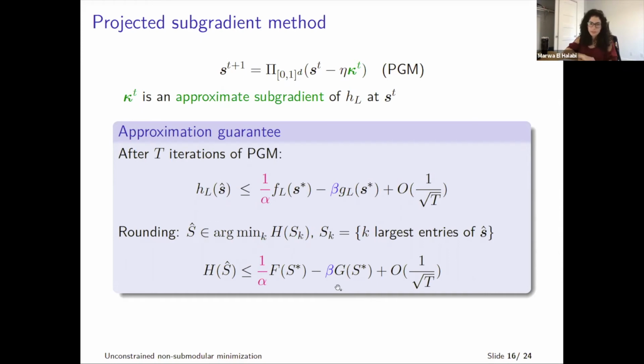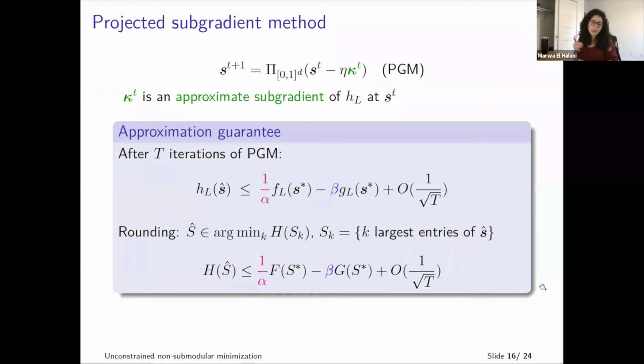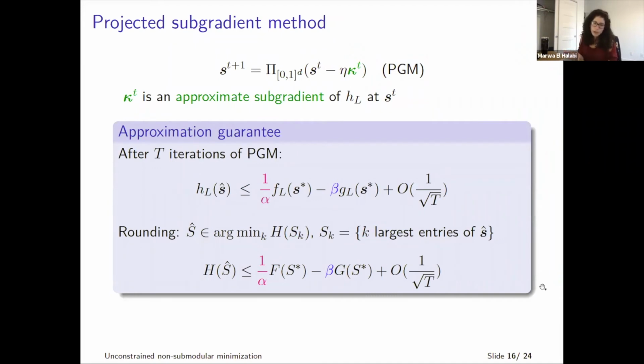Yeah, the maximum value of h. Makes sense. Thank you. Isn't it just the diameter of the base polyhedron? No, it's the diameter of the hypercube in this case, and I was going to say you also have the Lipschitz constant, also the diameter of the hypercube. So there's a square root of the dimension here. Okay. Yeah.